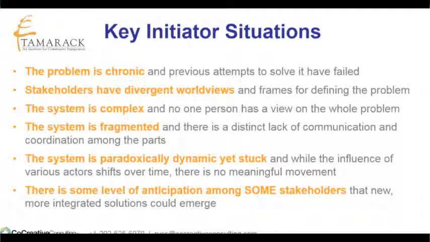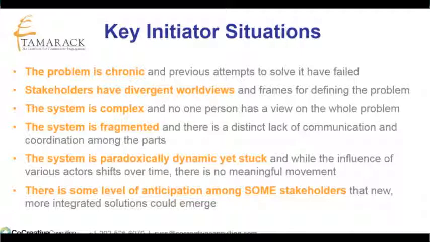We look for situations where stakeholders have divergent worldviews, and they even have different ways of thinking about or defining the problem. In some cases, we have people participating that don't even think that what we think is a problem, and I'll say more about that in a bit.